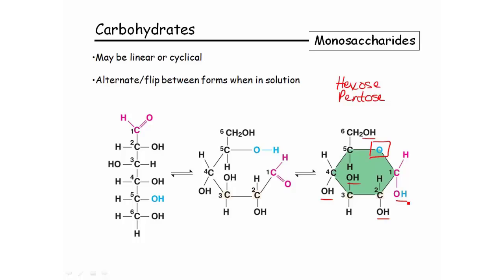So you're not going to be able to see that carbonyl group anymore. So just to review that, we're going to have some kind of a ring structure. The ring can be either a hexagon or a pentagon. So here we see the pentagon. And then we're going to still have lots of hydroxyl groups hanging off of this molecule.